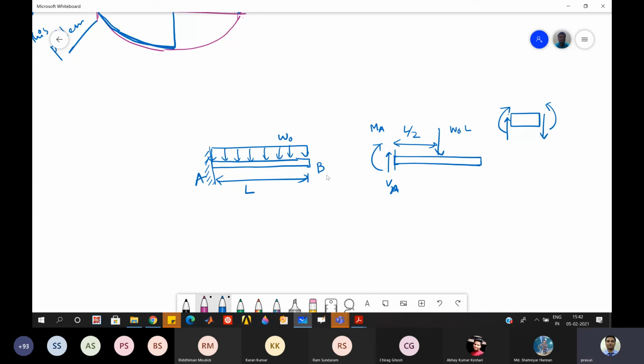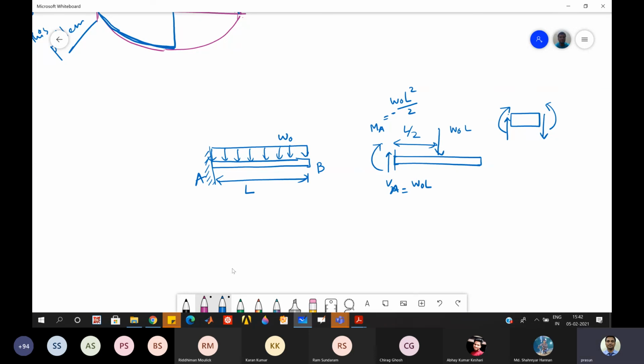Right, so MA may come negative from your equilibrium equation. That's fine. So now I can find what MA is. Like VA, it will be W0L, and MA will come as W0 L square by 2, with a negative sign.